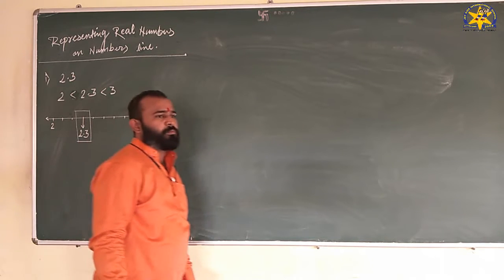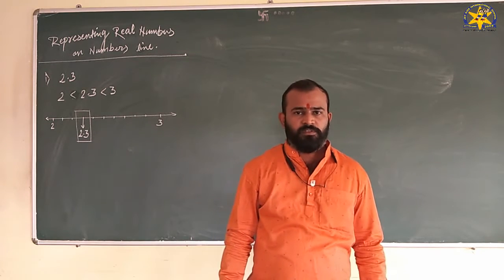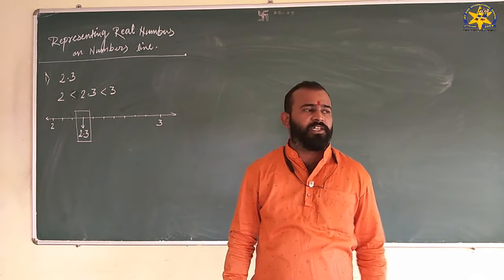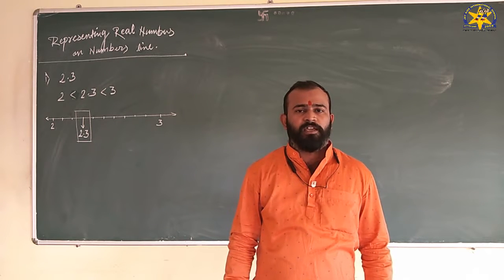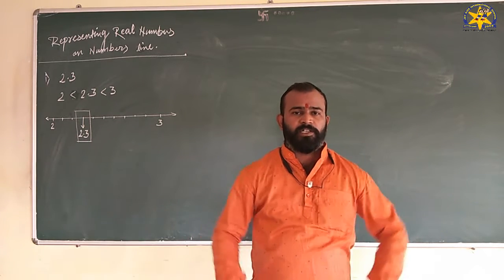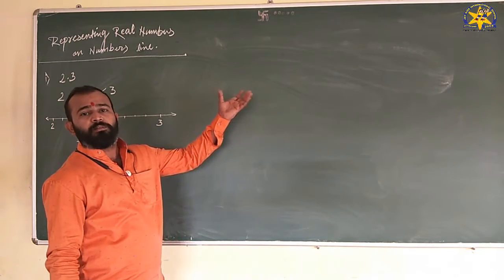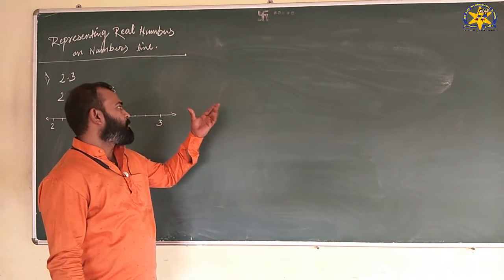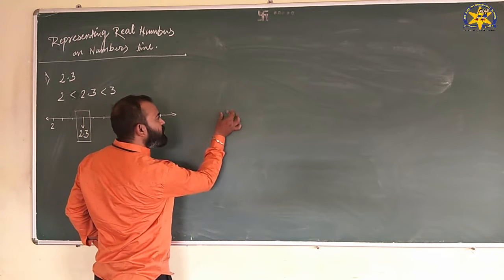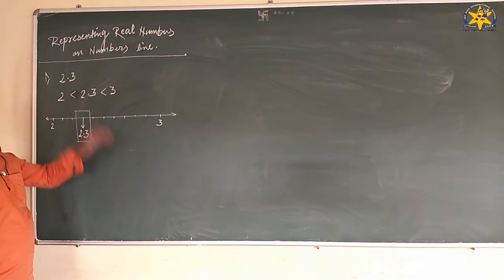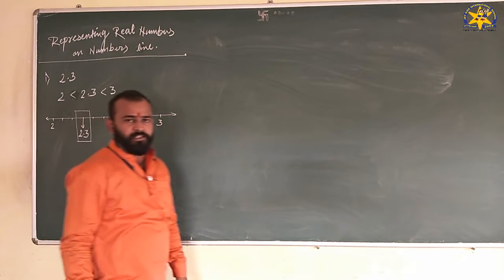The method to represent such numbers is called magnifying or visualizing the numbers on the number line. Magnifying means zooming. If you want to see a picture, you zoom it. So we'll zoom the number and see where that exact number is present.